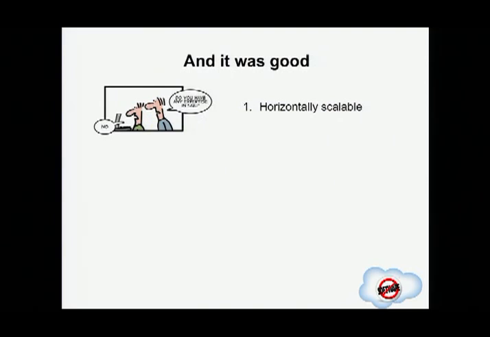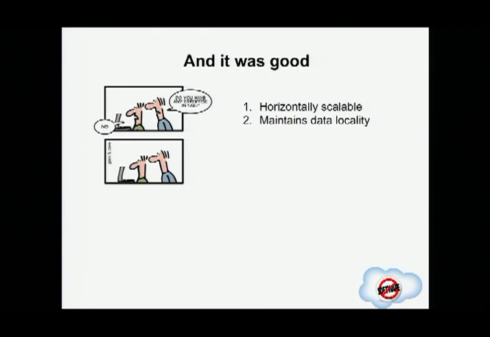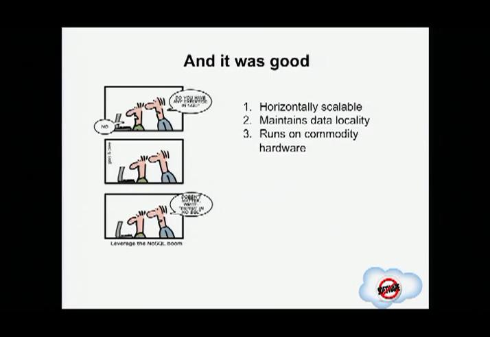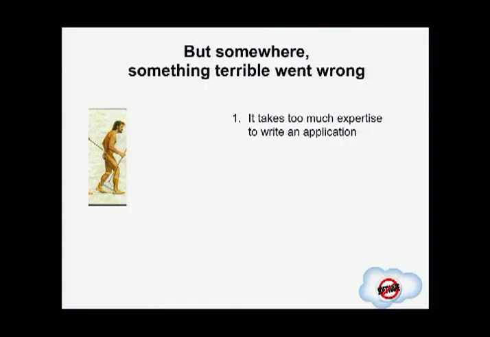It was horizontally scalable, so you could add machines and your application would actually become faster. It maintains data locality automatically for you. It splits your data and compacts it automatically, which is a great thing. And it runs on commodity hardware, which is a blessing. You don't want to have to buy huge, beefy machines to run your database software on. But somewhere, something terrible went wrong with HBase.